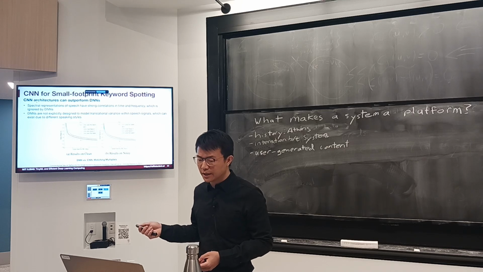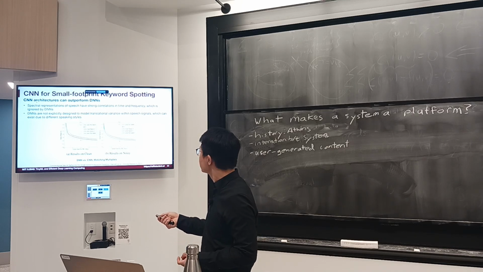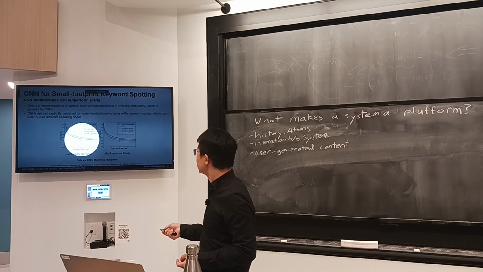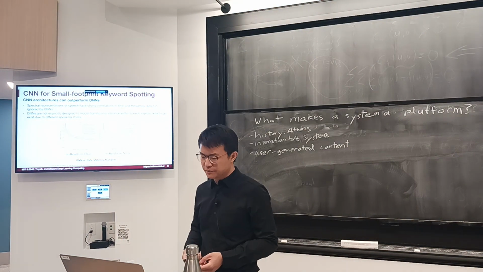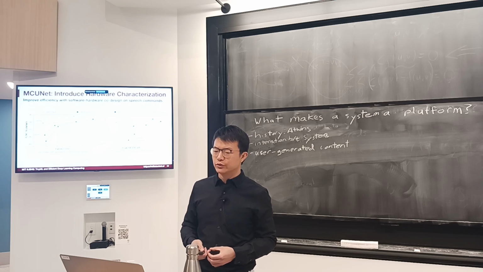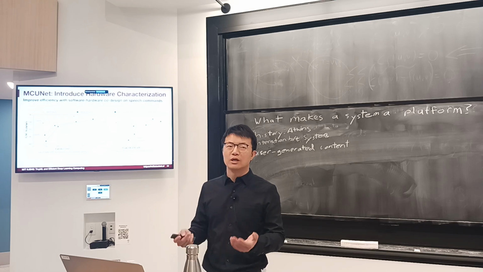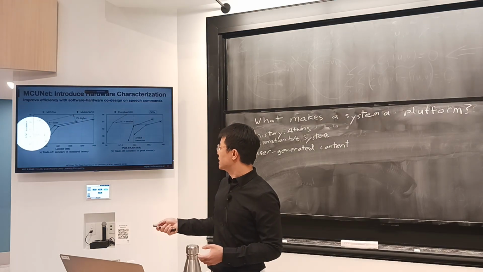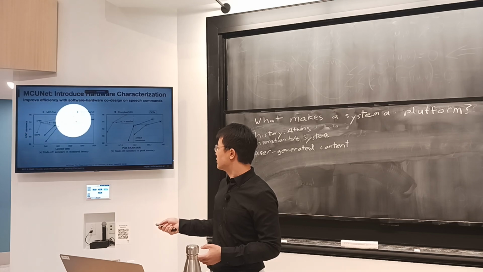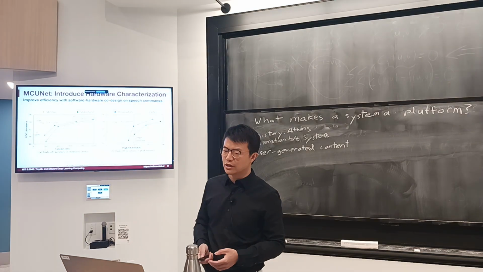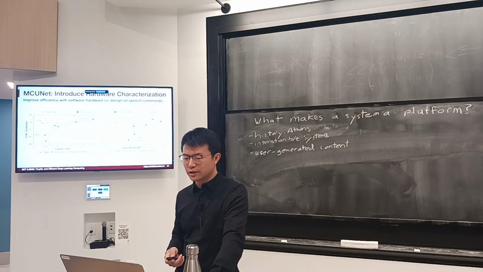And here we can see the CNN models are really better than the FC layers. And MCUNet can also improve the efficiency on speech command data set. We have a lot of speech commands, and we want a low latency and high accuracy. So this is comparing the MobileNet-based NAS versus MCUNet, which is on the good frontier.